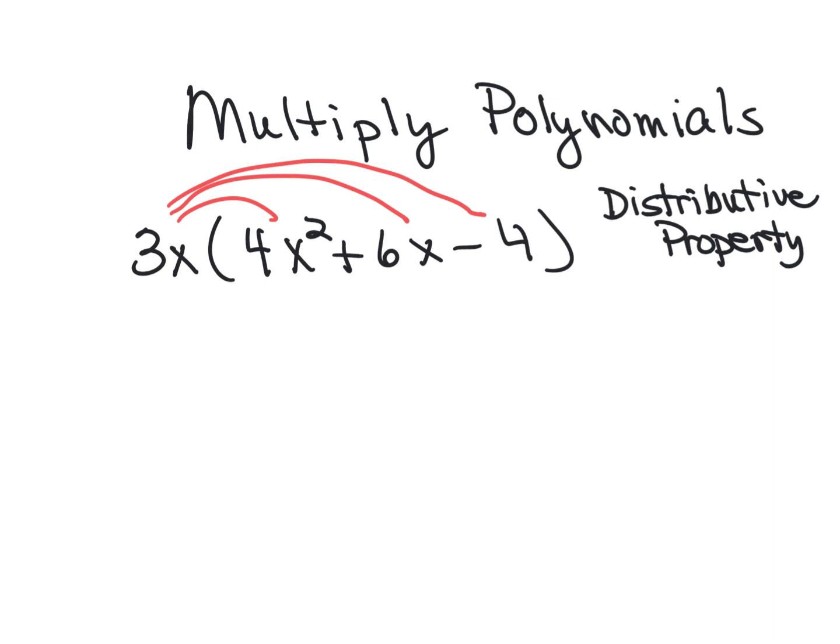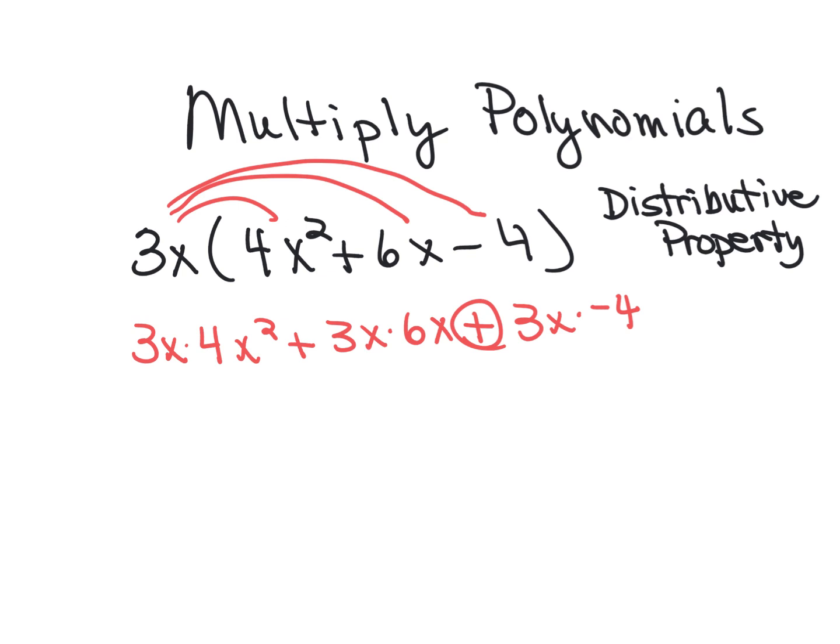My distributive step would say 3x times 4x squared plus 3x times 6x plus 3x times negative 4.